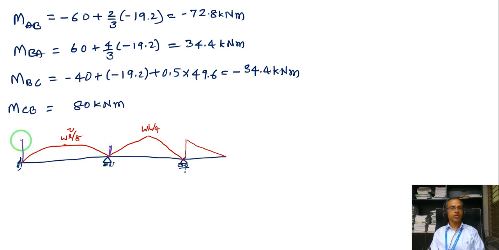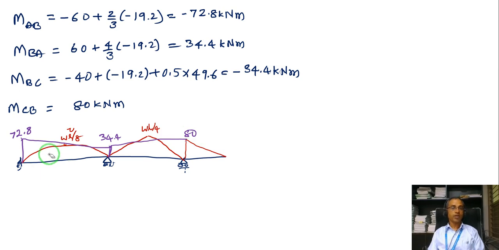When you join this, and at C it is 80, so this 80 has to balance. So this is 72.8, this is 34.4, this is 80.